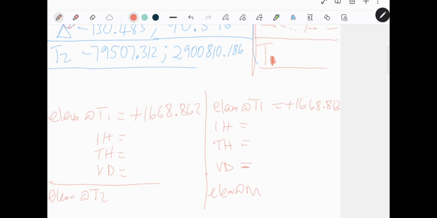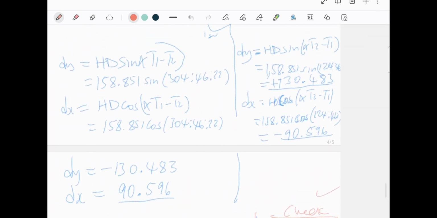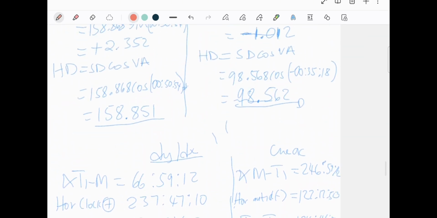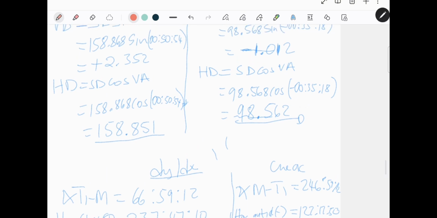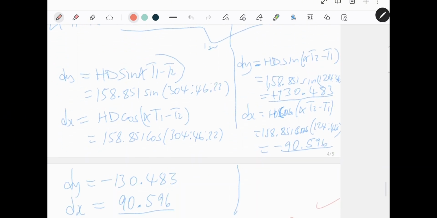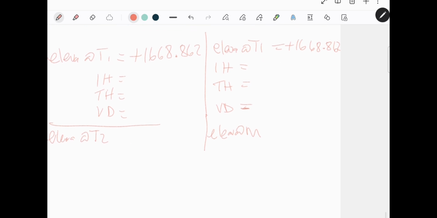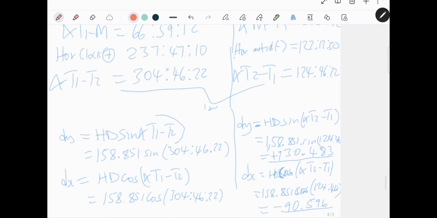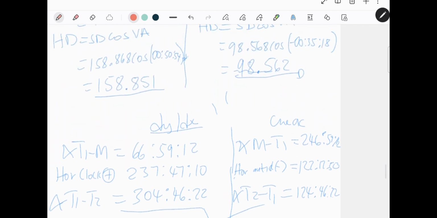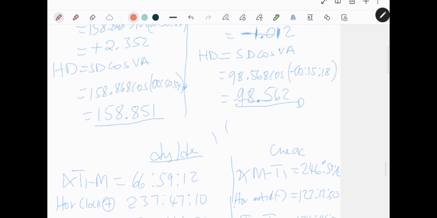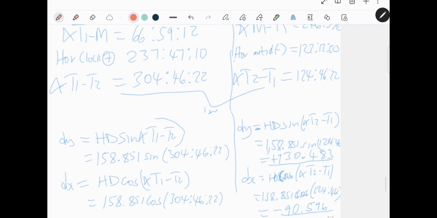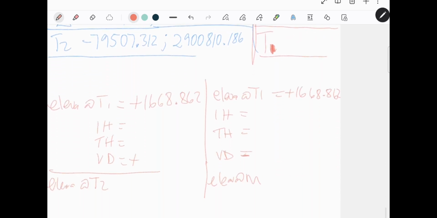So our VA for T1, let's check our VA. It was positive, 0050, or a positive number. So you're gonna have a positive VD here. For this one, our VD was negative. It was negative 0035 for this one, so you're gonna have a negative here.